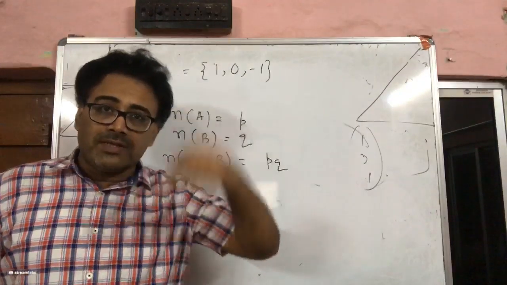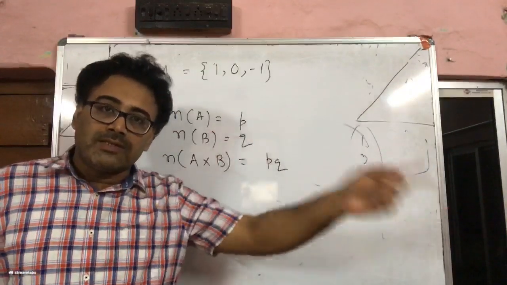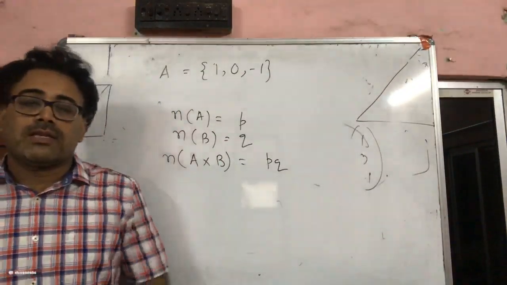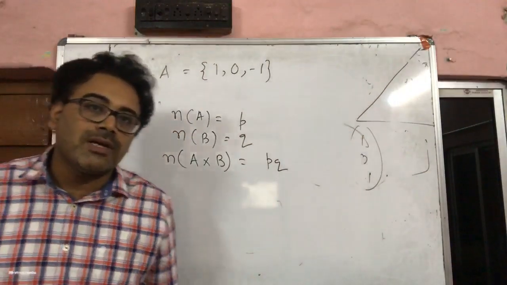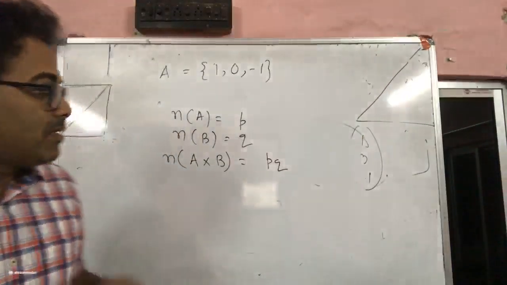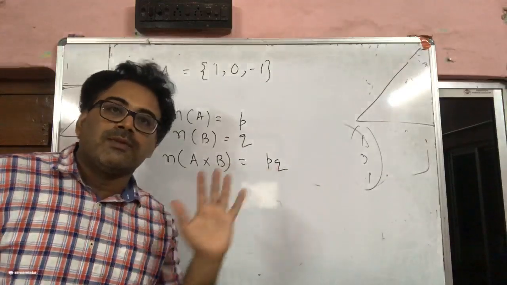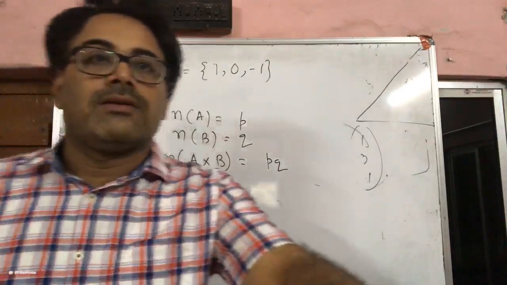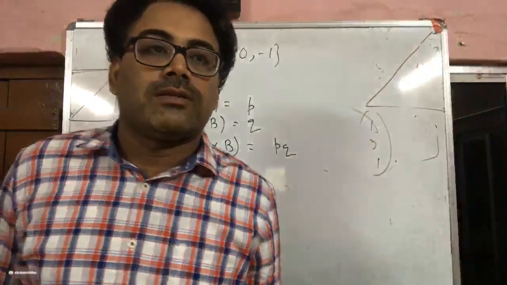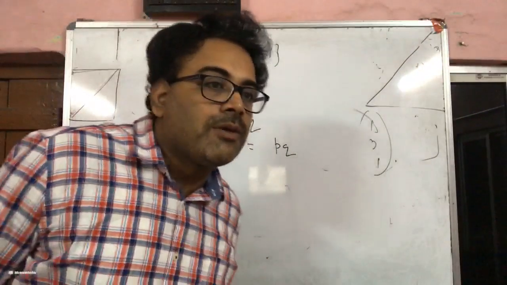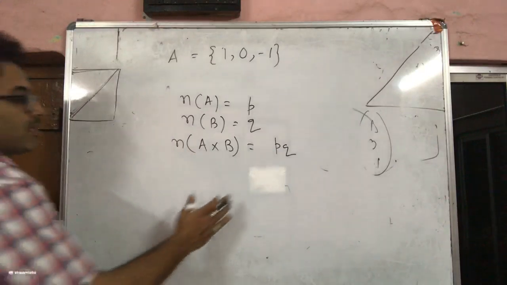So one element of the first set is linked to 20 elements separately. The second element of the first set will again be related to 20 elements. Okay, in this way 10 into 20, 200 elements. Okay, so PQ.